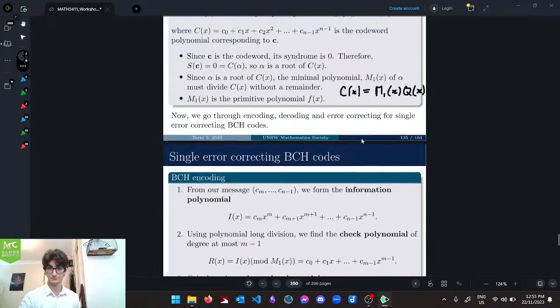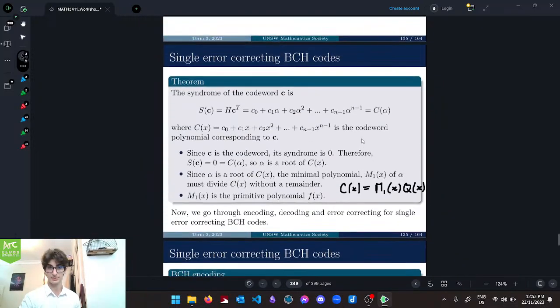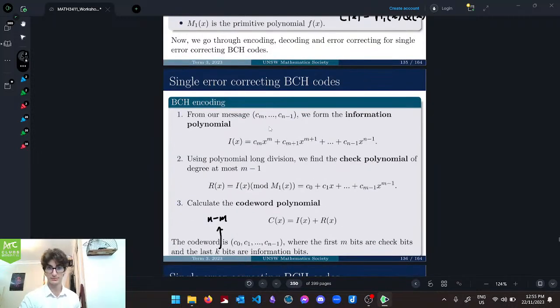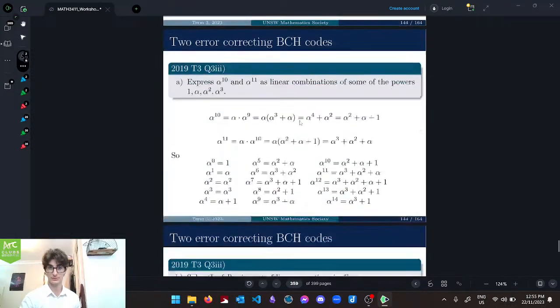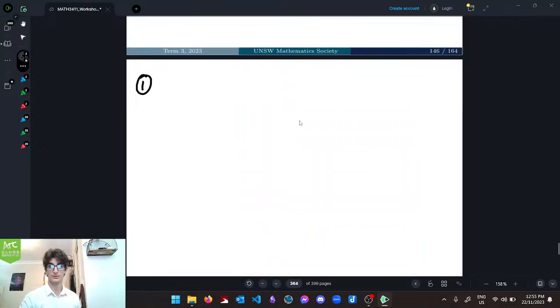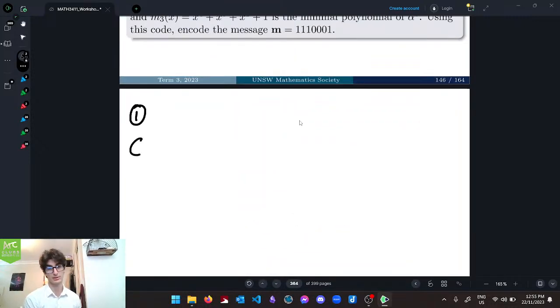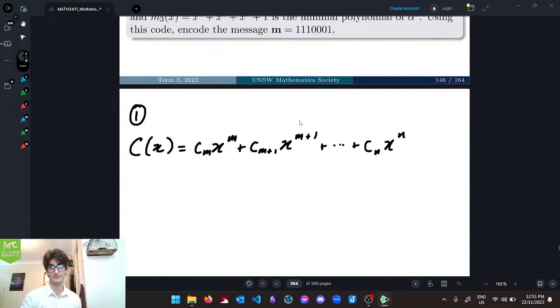So we'll figure out what m is in this case. So we say here, our code word polynomial is cm x to the m, cm plus 1, x to the m plus 1, all the way through to cn x to the n.